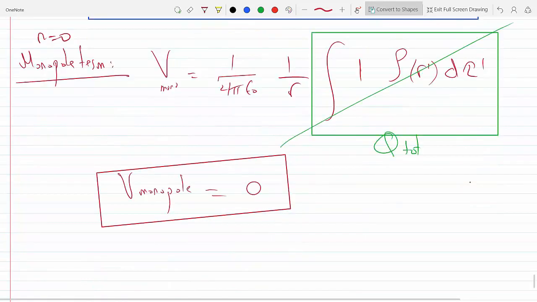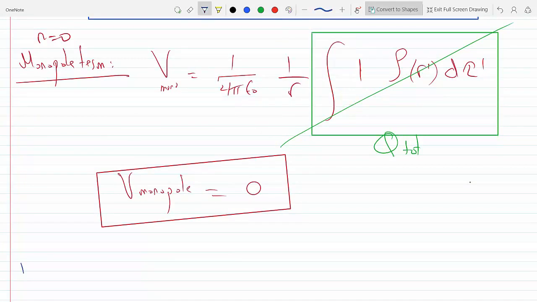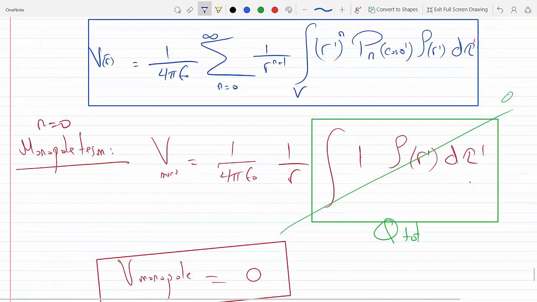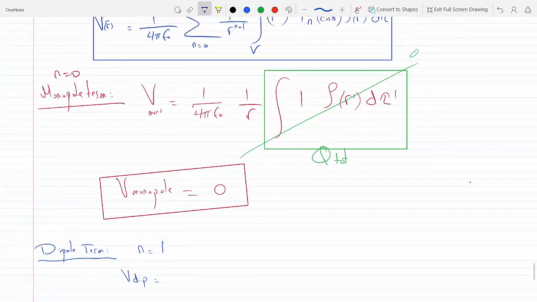Okay, let's go to the dipole term. The monopole term is 0, so the dipole term is n equals 1. Plug in that formula we derived, so we get V for the dipole equals, let's copy here what we have.